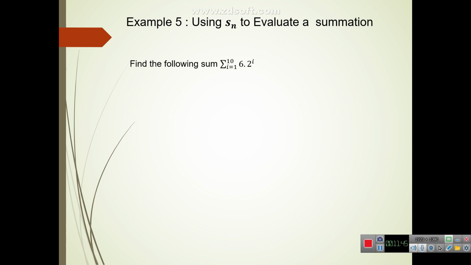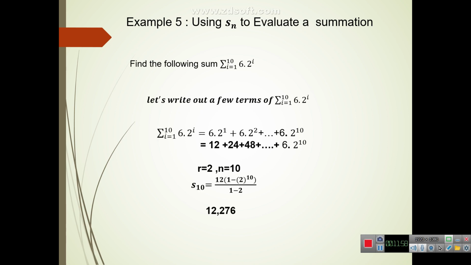In order to find this sum, first we need to write out a few terms of the given sequence. So when we write out, we'll get 12 plus 24 plus 48 plus, and the last term will be 6 times 2 to the power of 10. As you can see, this sequence is a geometric sequence because each term is obtained by multiplying by 2.